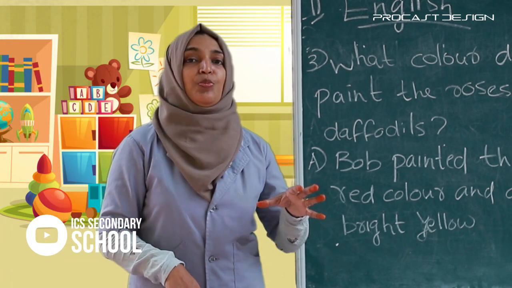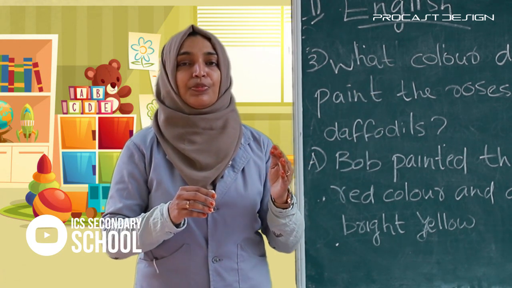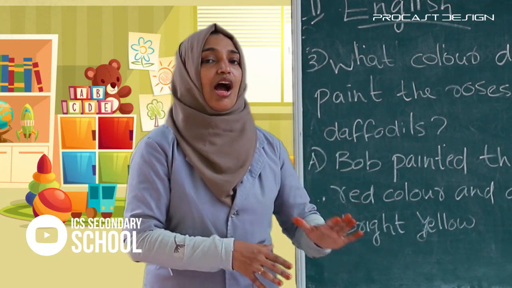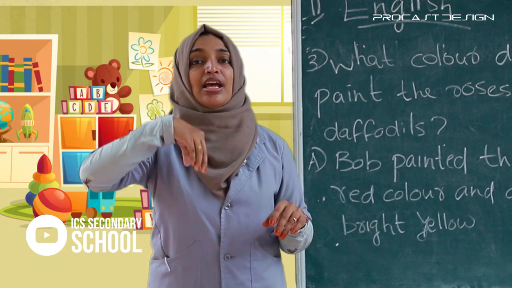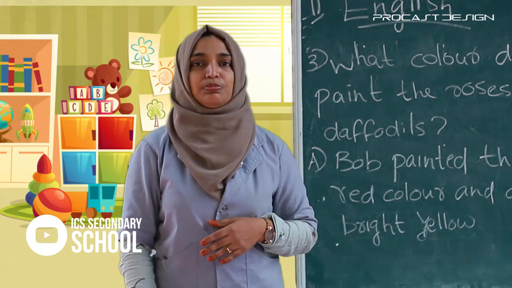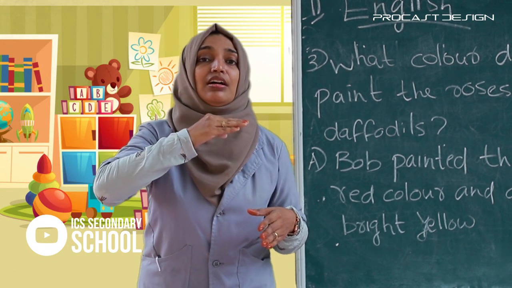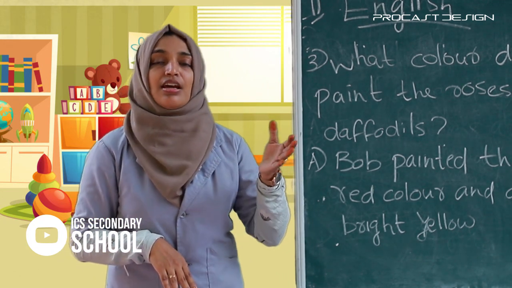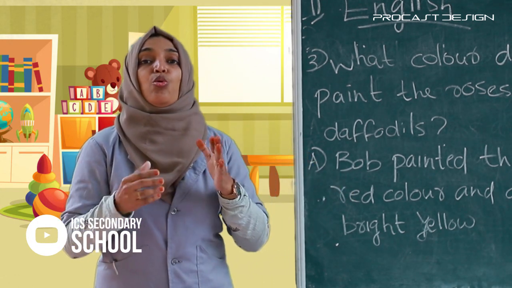For that, he brought all the colors in pots. He sat down on the grass, took his brush, and colored the flowers. He colored the roses red and the daffodils yellow. And who saw that?